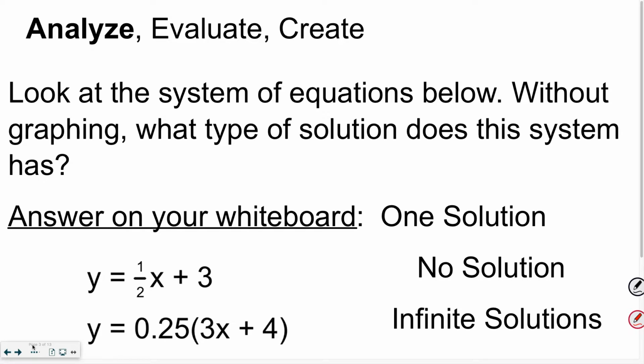Do these have different slopes? Yes. How can you figure that out? The first equation is real nice. It's in slope-intercept form. Good. What do you have to do to the second equation? Okay, so what does that become? Distributed.